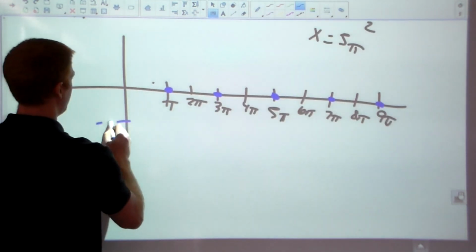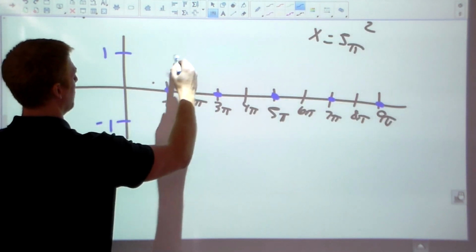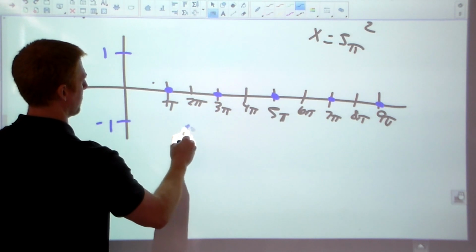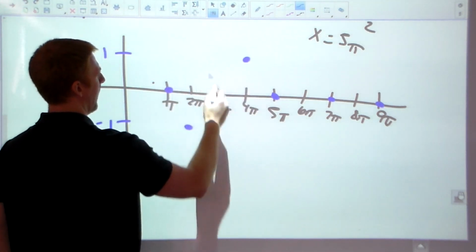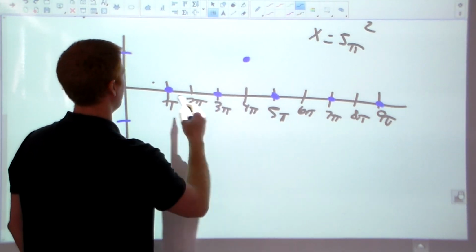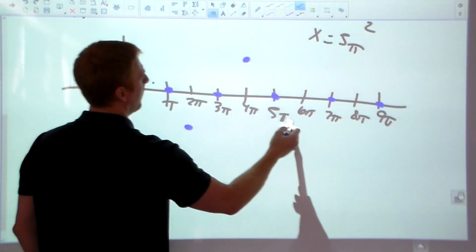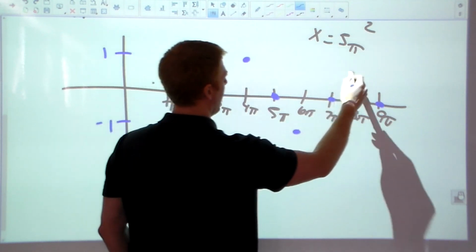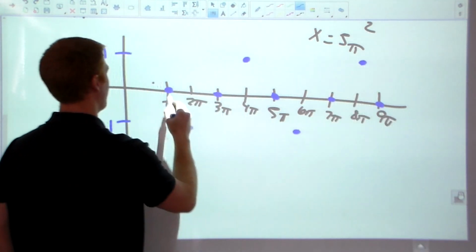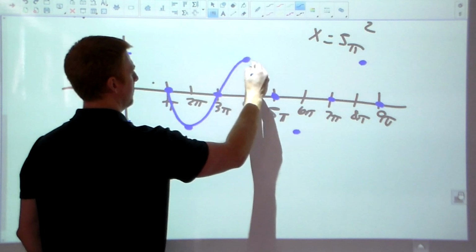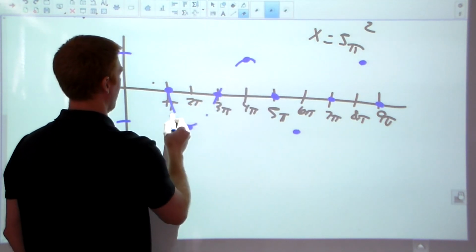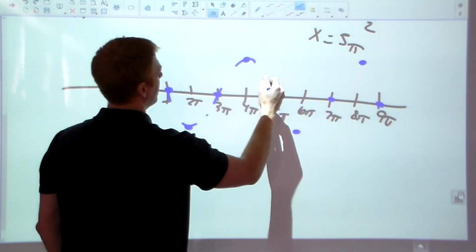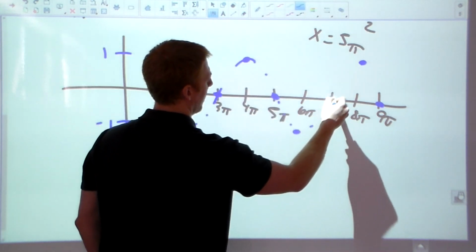So sine typically is going to go up to 1 first, but this has been flipped, so it's going to go to -1, back to 0. And again, normally sine goes down after the middle point, but this is flipped, so it's going to go up. So it's just kind of the opposite of a sine wave. It's sort of flipped over. You know what, before I do all that, let's just make that dotted, because that's really not our final function right there. This is just kind of a guideline.